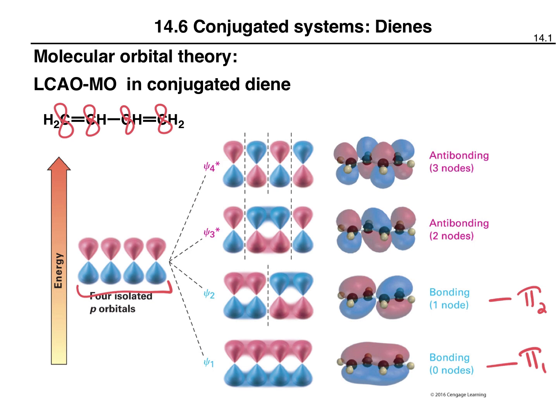The next one, we have 2 additional nodes. So now we have an anti-bonding. This is called pi star 3. And then here we have 3 new nodes. So this one is another anti-bonding. So pi 4, pi star 4.